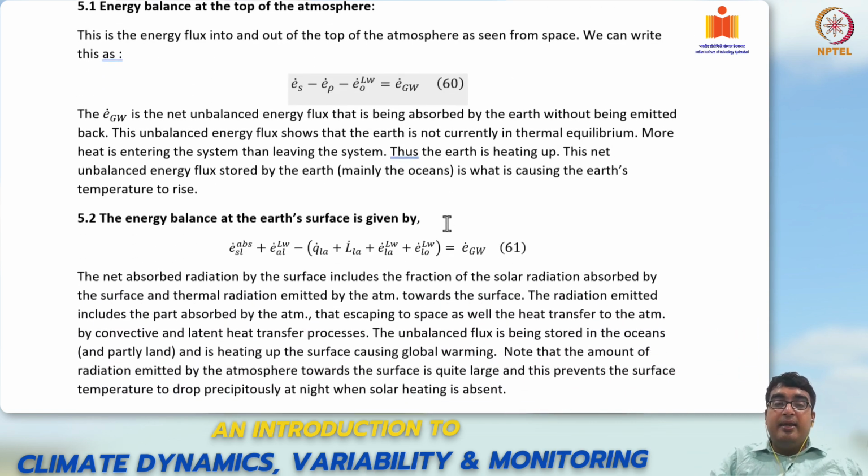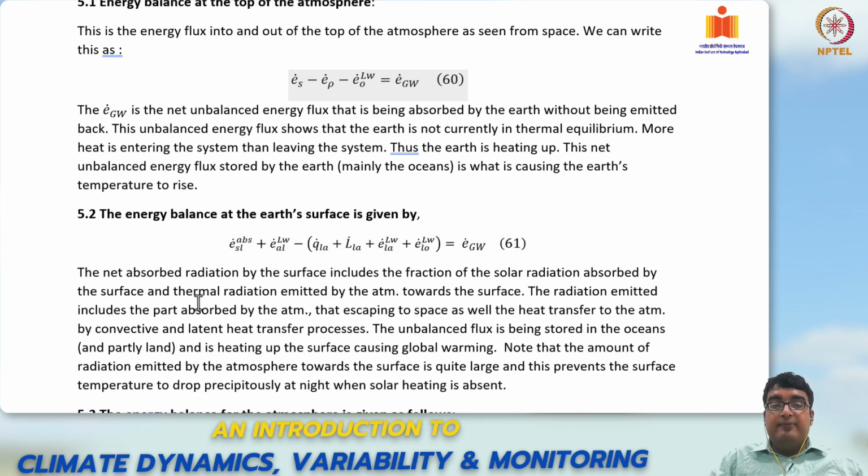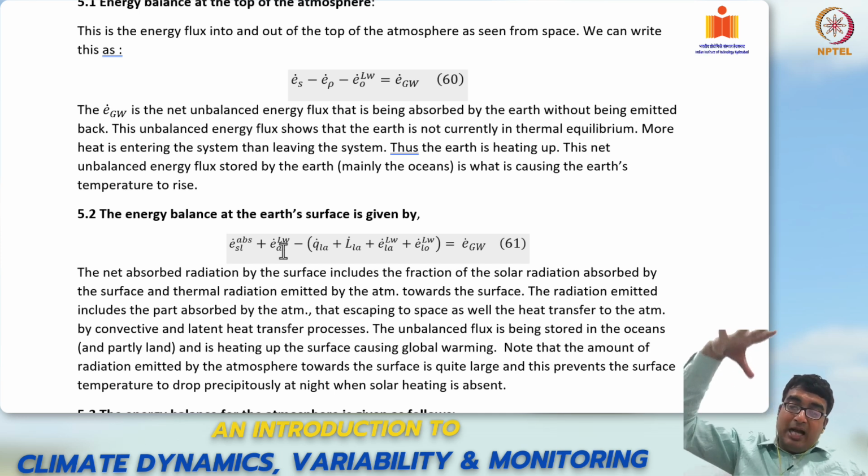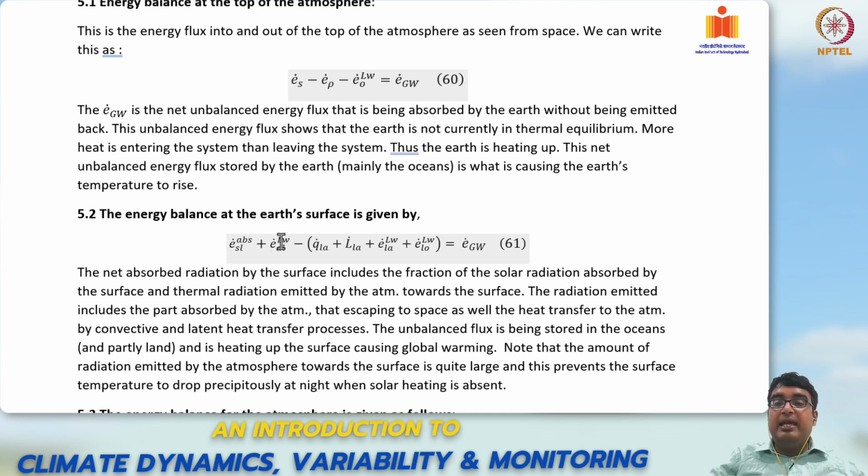Energy balance at the Earth's surface: E dot SL absorbed, the solar radiation being absorbed by the land, plus E dot long wave atmosphere to land, the incoming long wave radiation emitted by the atmosphere towards the land, E dot AL long wave.